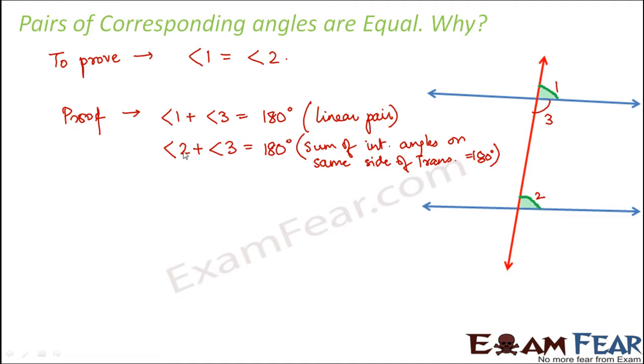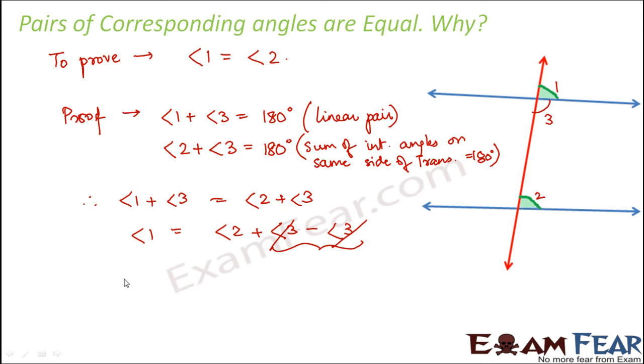So that is why you can say angle 2 plus angle 3 is equal to 180 degrees. Now looking at these two equations, you can write angle 1 plus angle 3 is equal to angle 2 plus angle 3, because the values of both of these is 180 degrees. So angle 1 can be written as angle 2 plus angle 3 minus angle 3. So this would cancel out to give 0. Therefore, angle 1 is equal to angle 2.